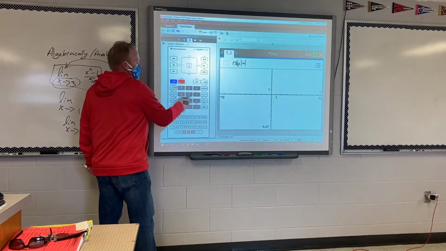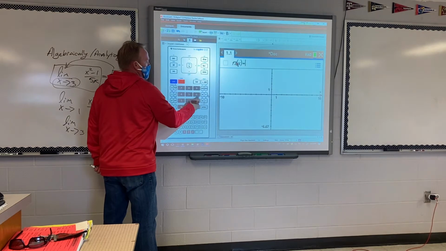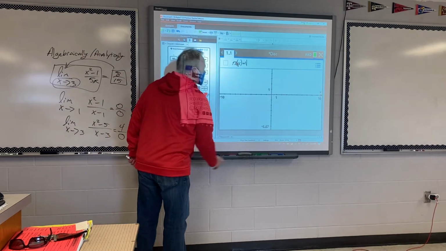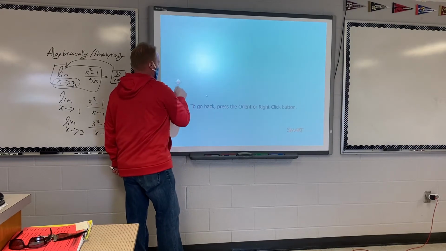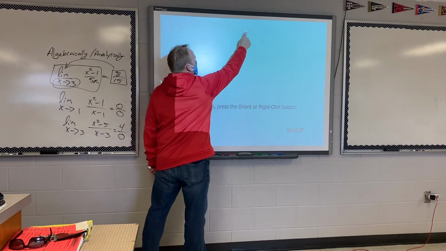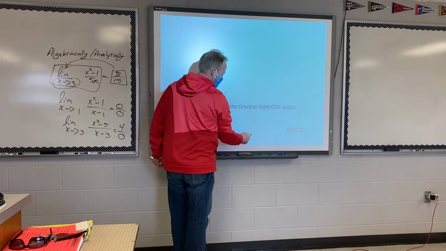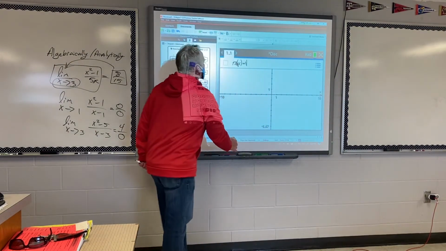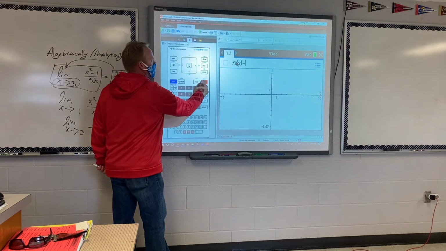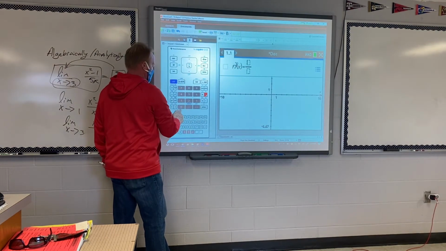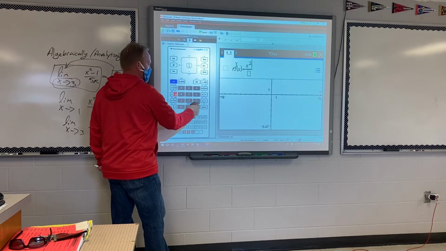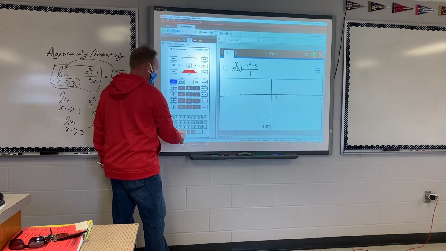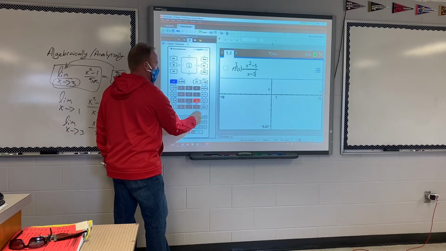Alright, so control divide. I've got x squared minus 5 over x minus 3.